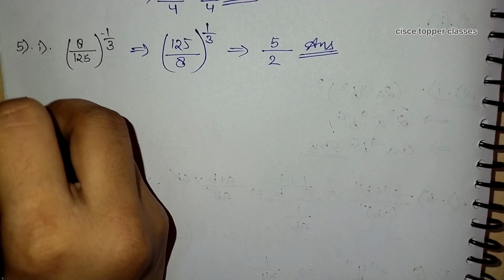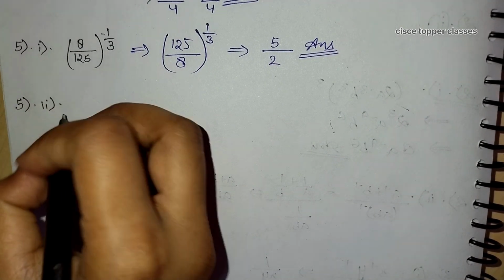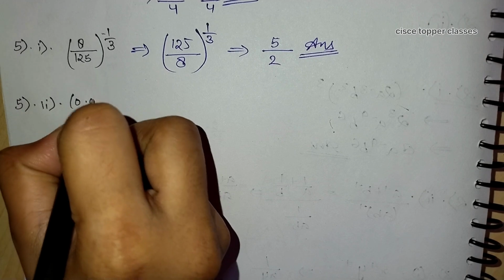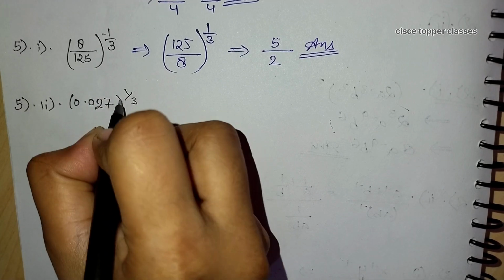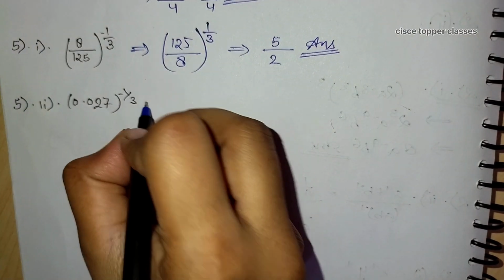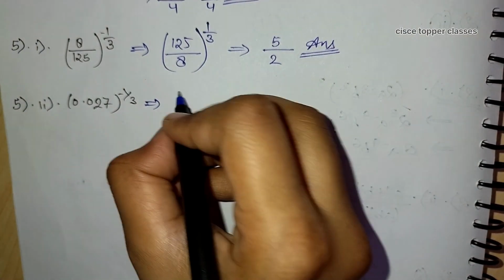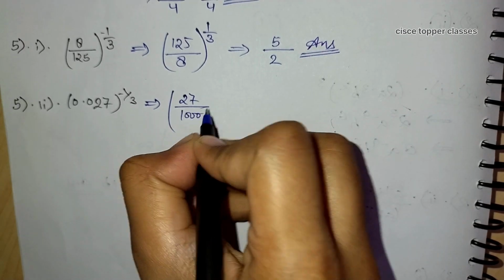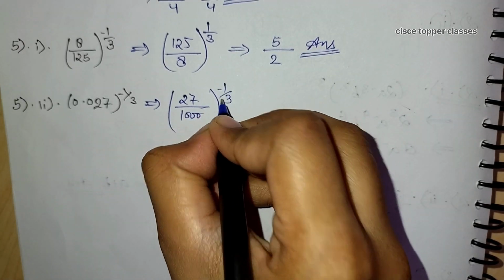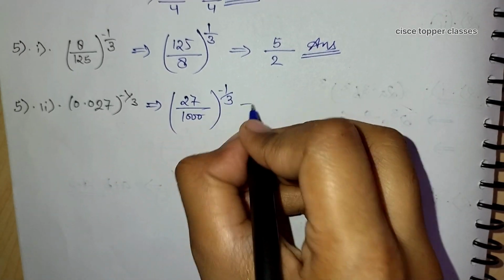Now the second part here is 0.027 whole to the power minus 1 by 3. Firstly we will write it in a simplified manner as 27 divided by 1000 whole, and here the inverse minus 1 by 3.